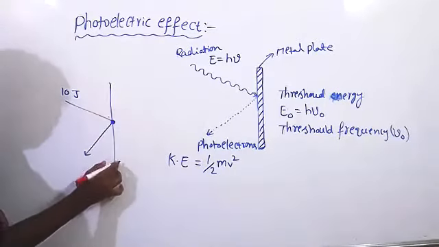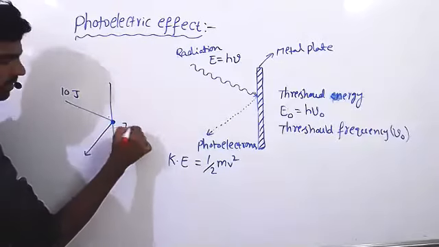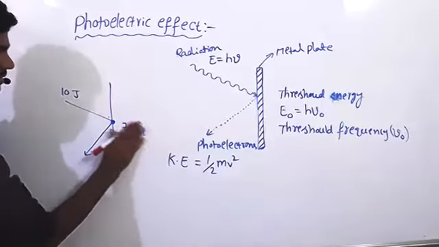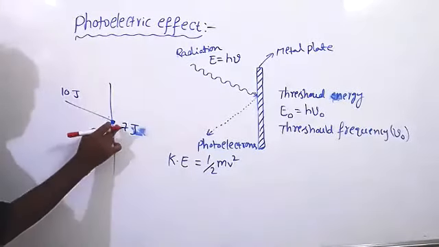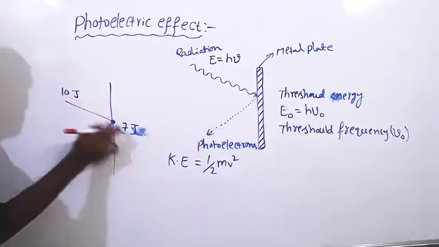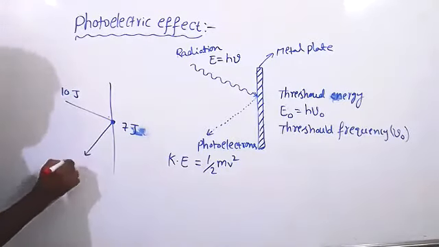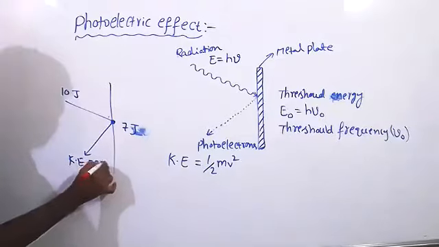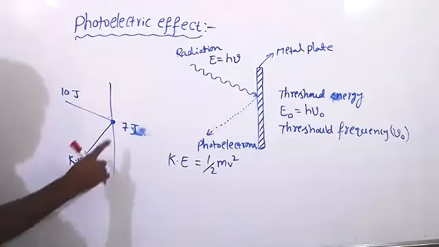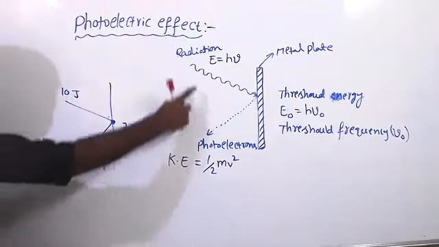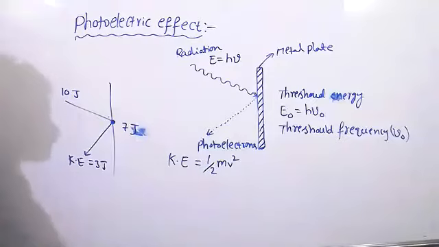To remove an electron, suppose 7 joules of energy is required. Then how much difference is there? 3 joules. That 3 joules comes out as kinetic energy. The sum of threshold energy and kinetic energy is equal to the energy of radiation. Any doubt? No, sir. Okay.